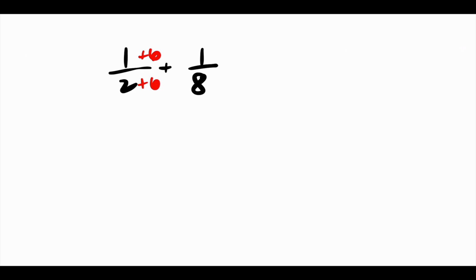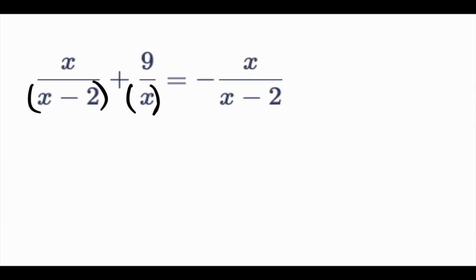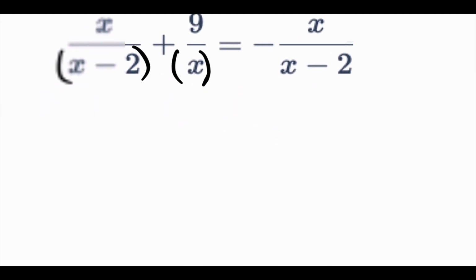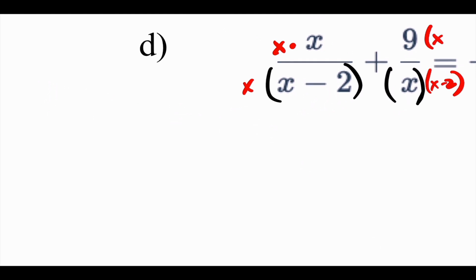I have to use multiplication. Same thing with these guys here. I can't just say, oh, subtract 2. Doesn't work that way. It'd be nice if it did, but it doesn't. I have to use multiplication. Okay? So, common denominator, this guy needs an x, and this guy needs an x, because they're both factored.